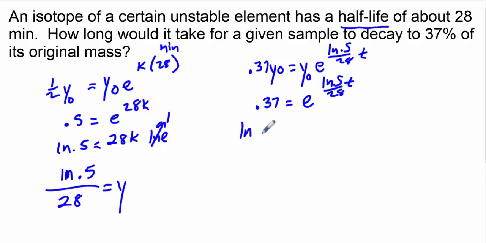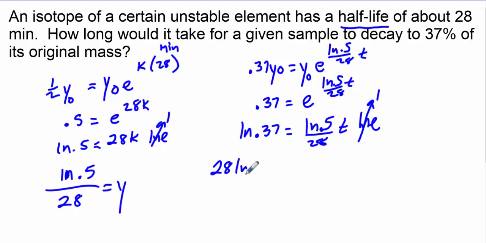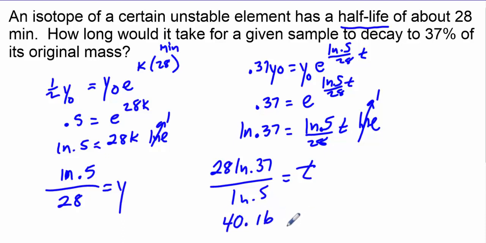Natural log of both sides equals the natural log of 0.5 over 28 t ln e. This again is 1. Multiply by the reciprocal, so I get 28 ln 0.37 over the natural log of 0.5 is equal to t, which gives us approximately 40.16 minutes. And that's all there is for today.